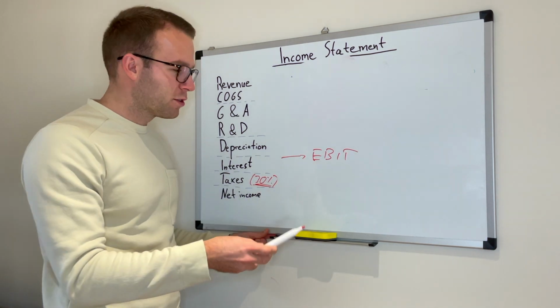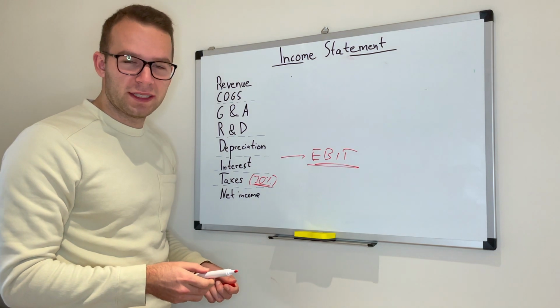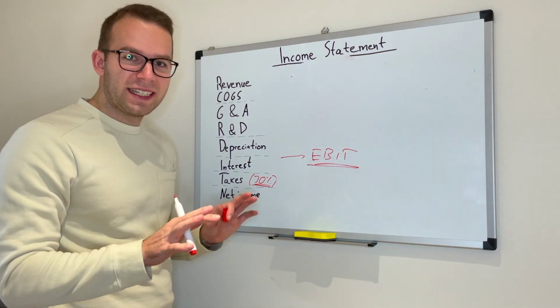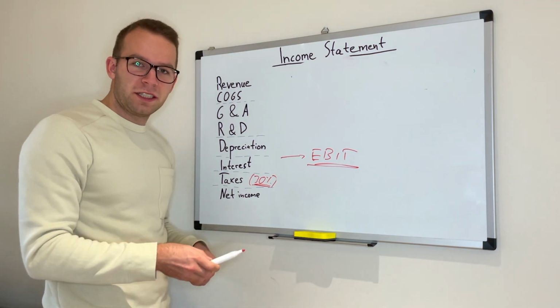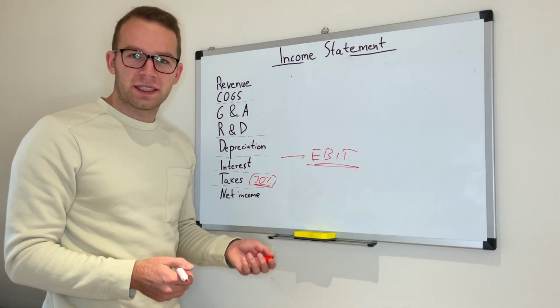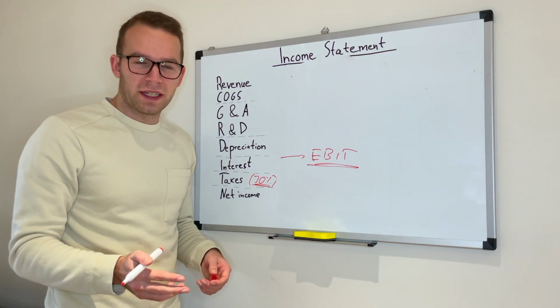analysts and investors often use the EBIT to compare companies, because it's disentangled from the corporate tax rate. Because in the US, you will have a different tax rate than, let's say, in the United Kingdom or in Germany.